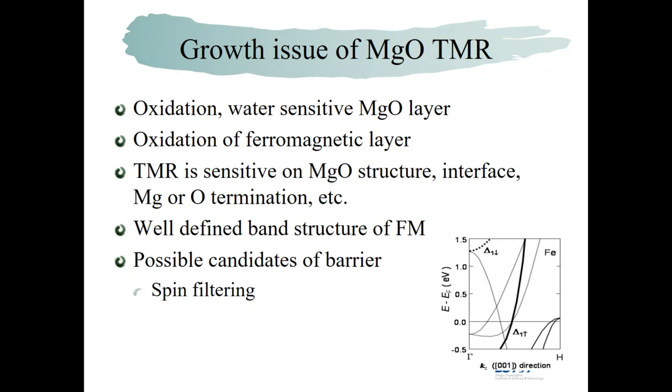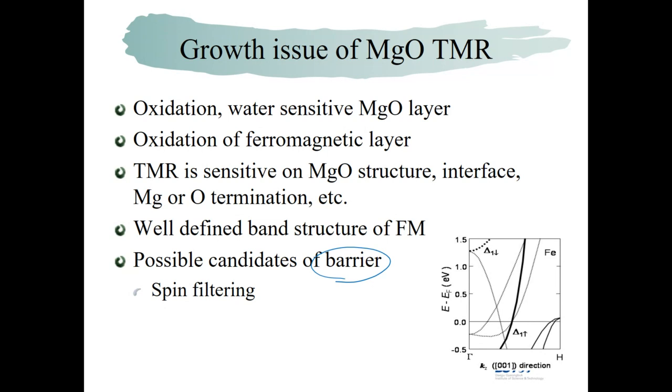So anyway, if you can find any other kind of barrier material instead of MgO with such a spin filtering effect, you can make a patent and get a lot of money. But I'm sure it is not easy because people have already tried many materials. But please don't give up.